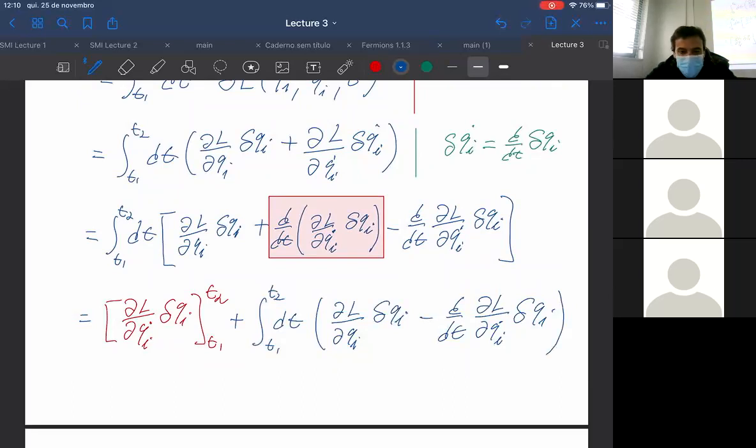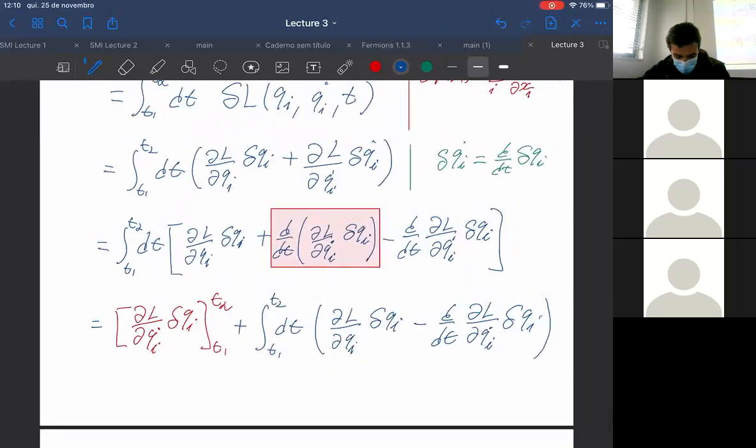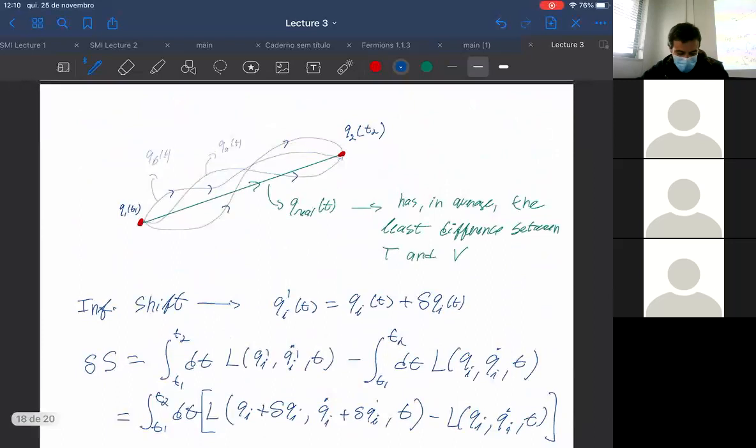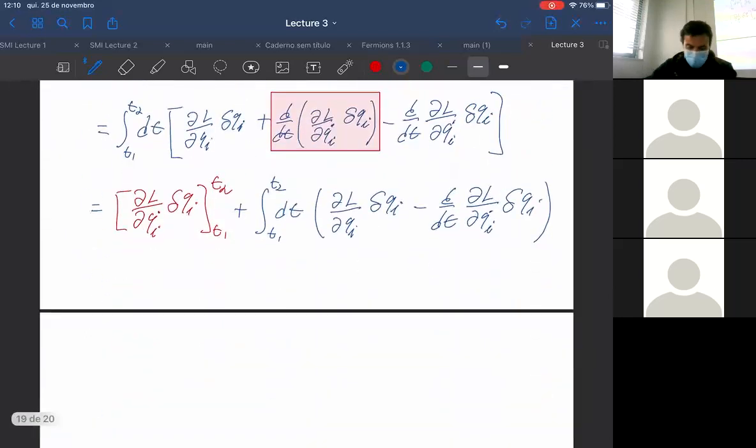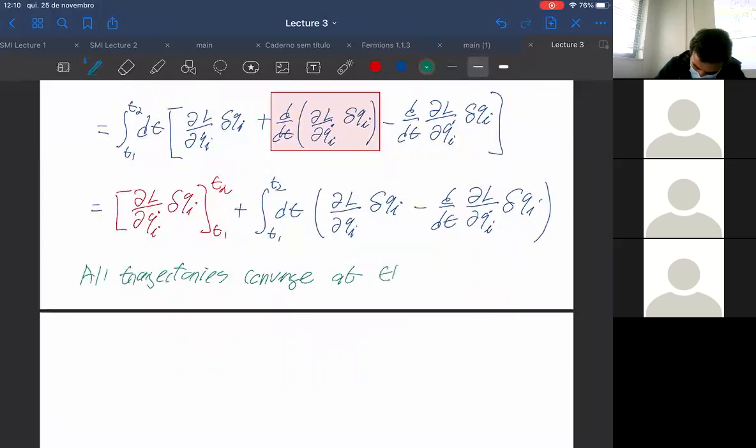But there is now something that we have verified above, that all trajectories converge to this q1 and q2. Exactly. So all trajectories converge at the endpoints.